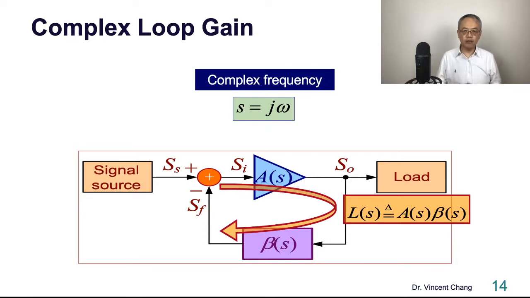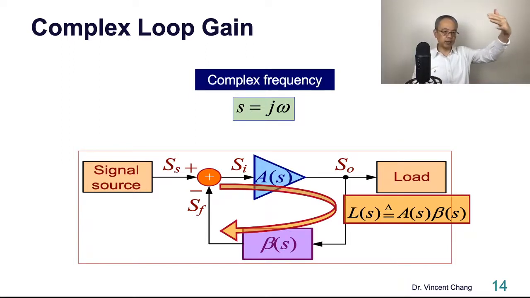Now the loop gain becomes the product of the open loop transfer function and the feedback transfer function. Let's slow down a little bit. Open loop gain A now becomes an open loop transfer function, and feedback factor beta now becomes a feedback transfer function.